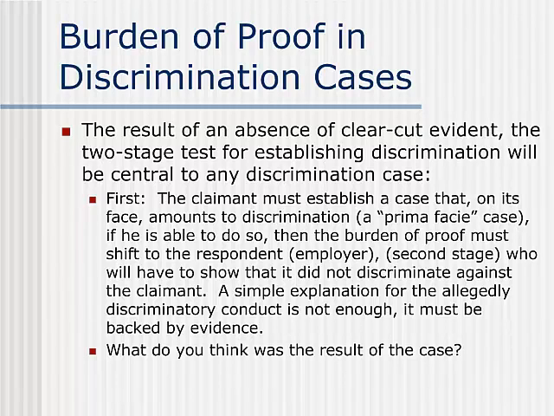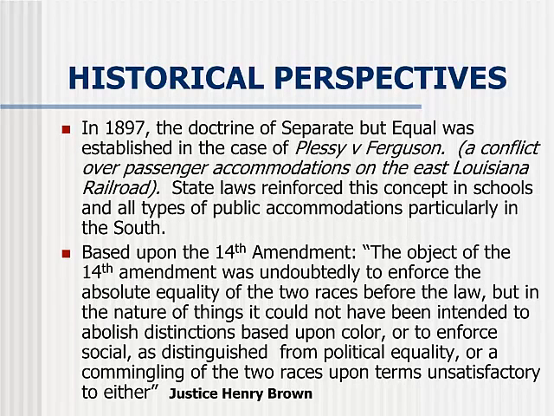Now let's take a look at some historical perspectives. In 1897, the doctrine of separate but equal was established in the case of Plessy versus Ferguson. State laws from that time forward reinforced this concept in schools and all types of public accommodations, particularly in the South.